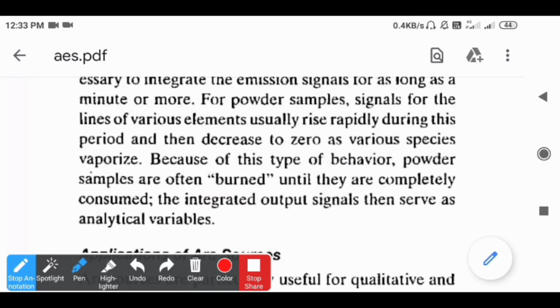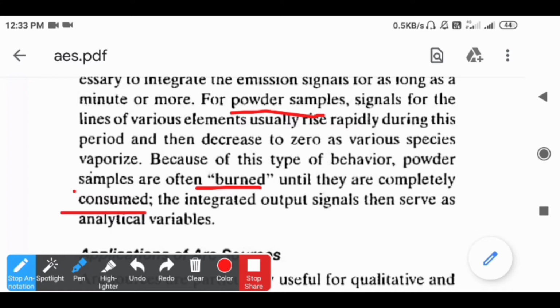Generally for a powder sample, the signal for the lines of various elements rises rapidly during this period, and then decreases to zero for the various species. Because of this behavior, the powder sample is often burned until it is completely consumed during the analysis.